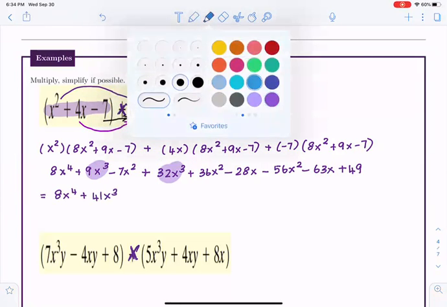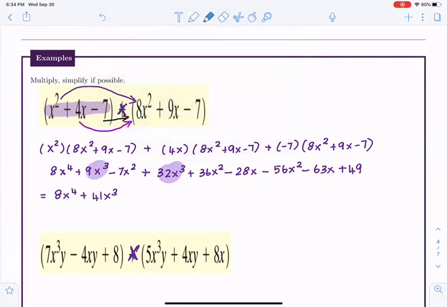Then we have to gather all the x squared terms. I have negative 7x squared, positive 36x squared, negative 56x squared. You are welcome to use the calculator to add those constants, but if you add them all together, you would get negative 27x squared.